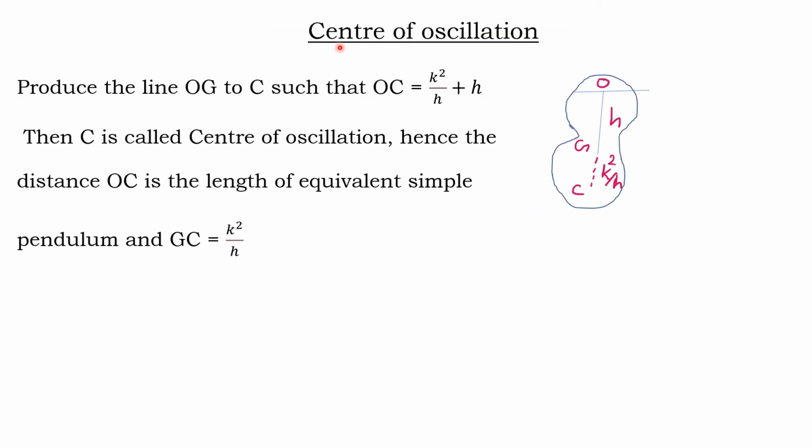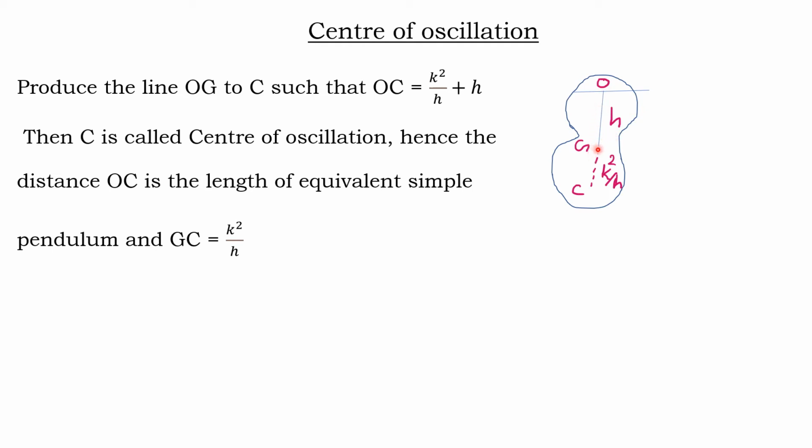Next is the center of oscillation. The figure shows a cross section of a compound pendulum. Here O is the center of suspension and G is the center of gravity. The distance between the center of suspension and the center of gravity is called the length of the pendulum and is represented by h.